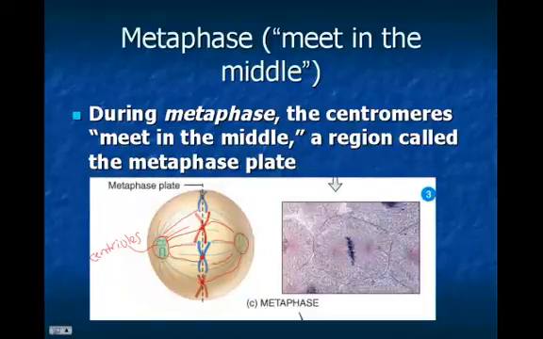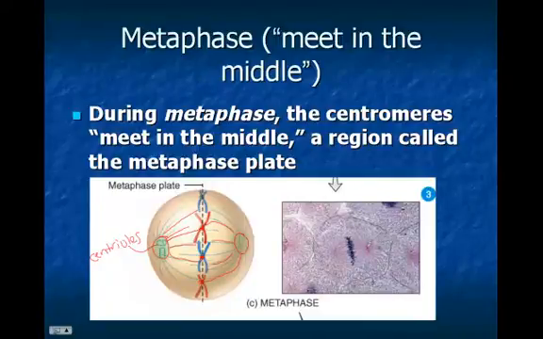Here you can see, and this is an actual picture of a cell in cell division, a fish blastulus cell. Not that you need to know that, it's just a fish egg. We can look at mitosis really well because we get to see lots of cells undergoing mitosis in a fish egg.